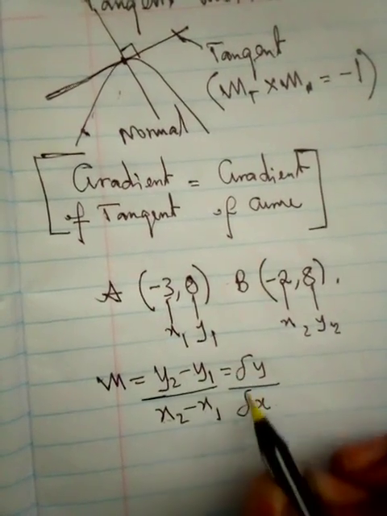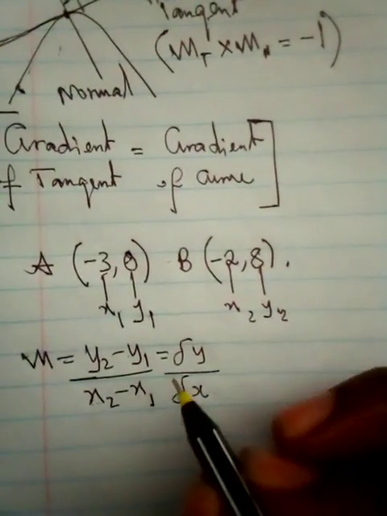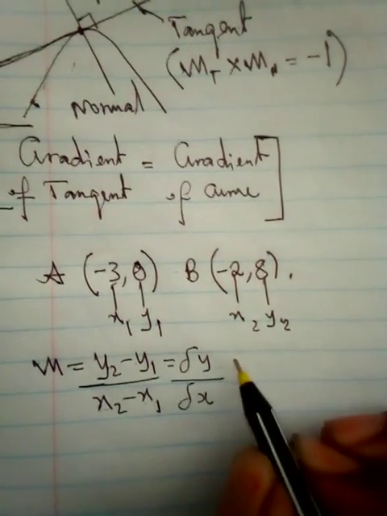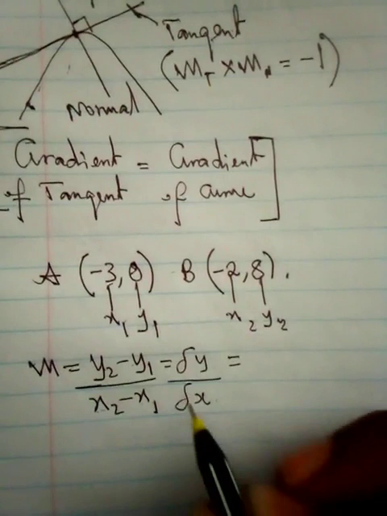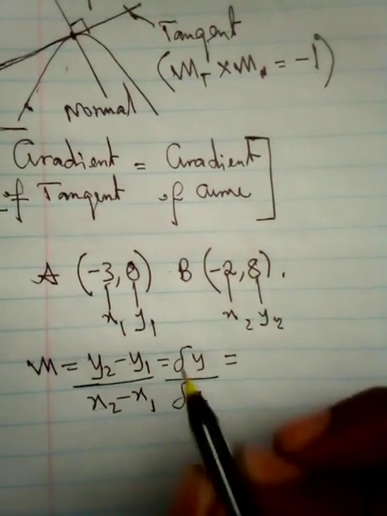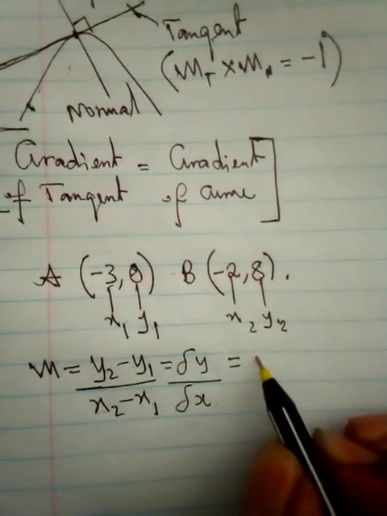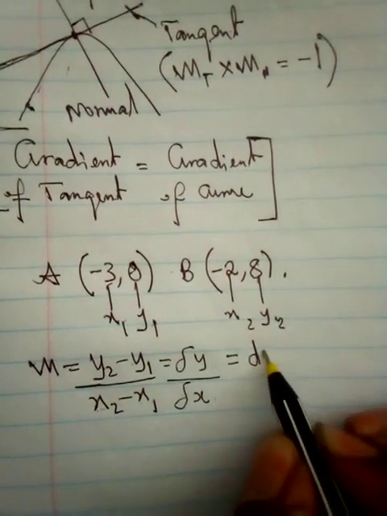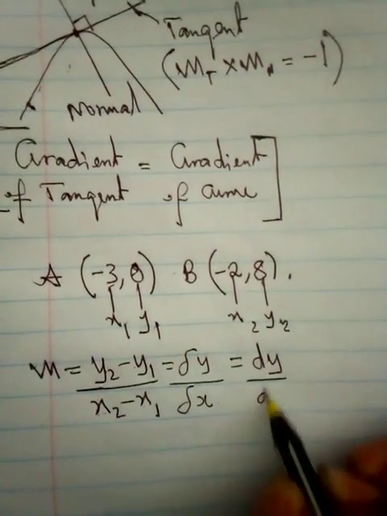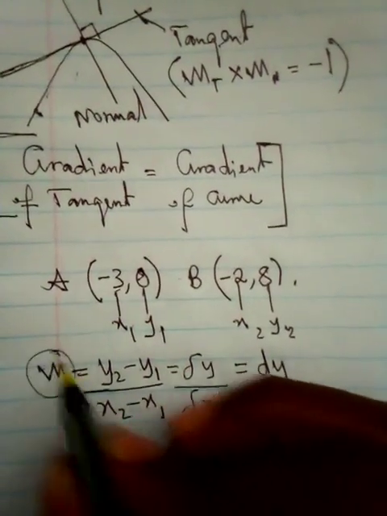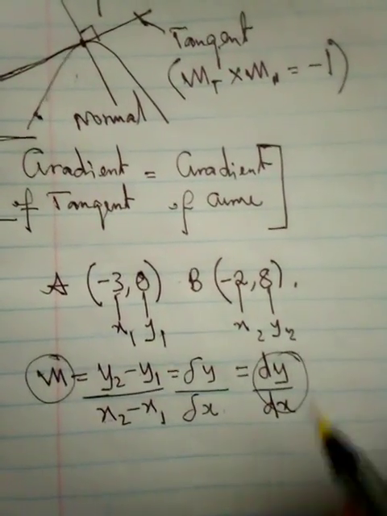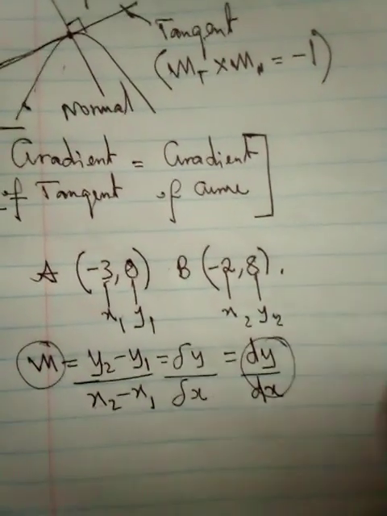This is a delta sign in Greek, which represents difference. Since it resembles d, they translated it to just dy over dx. That's why I told you that the gradient and dy/dx are basically one and the same thing.